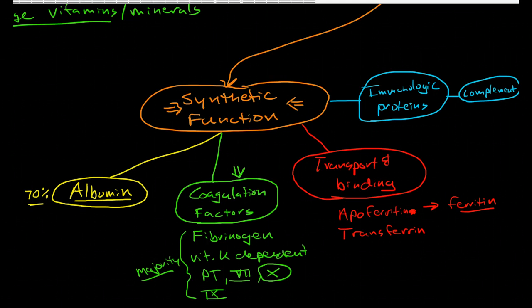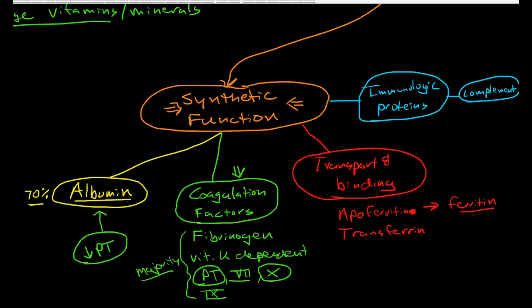So if you can imagine, if you lose synthetic function of the liver, I'll make a slide talking about the liver function tests, and the way that we measure loss of synthetic function in patients with liver disease is we look at prothrombin time. It's not that prothrombin is the only important protein that the liver makes. It's that it is a marker for loss of all of these.